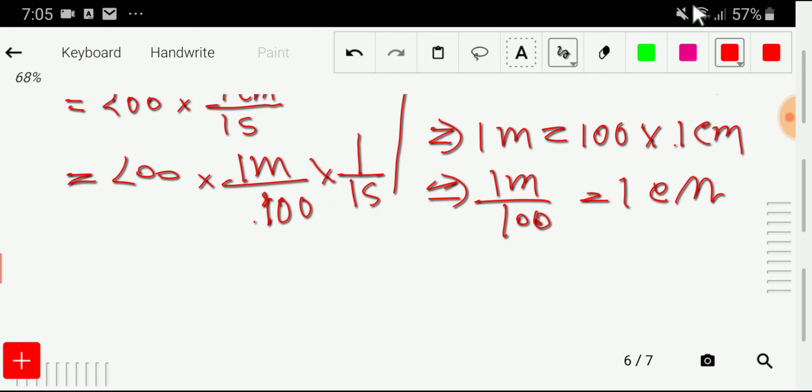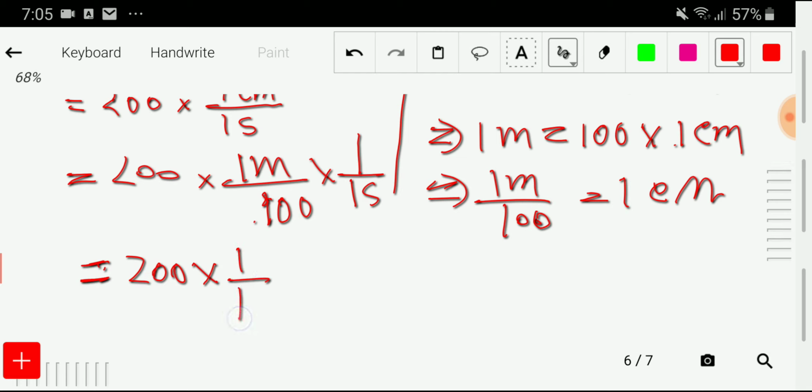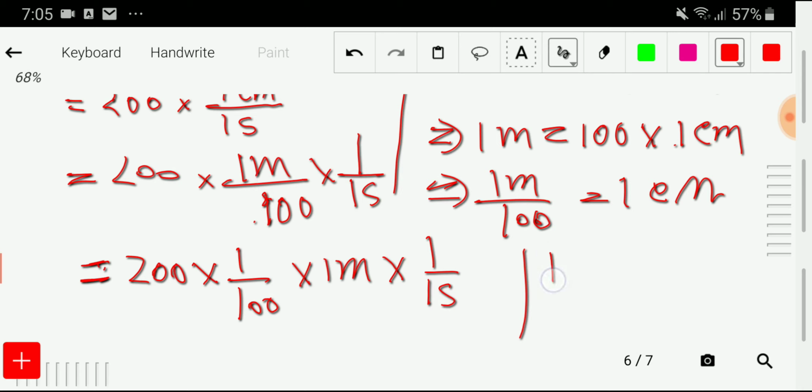Now we have to put the value of 1 meter. So I can write 200 times 1 by 100, then 1 meter, then 1 by 1 second.